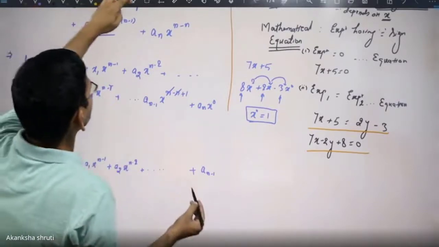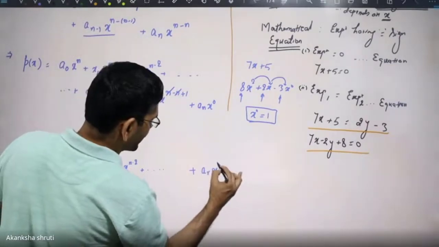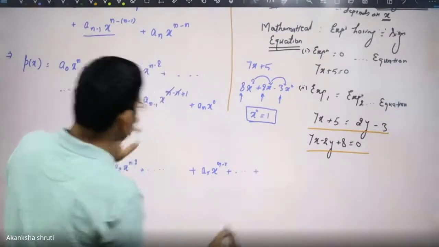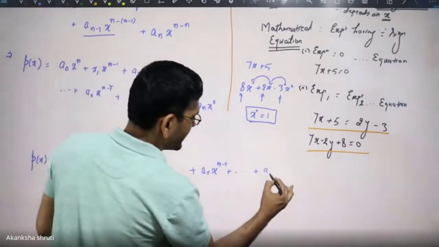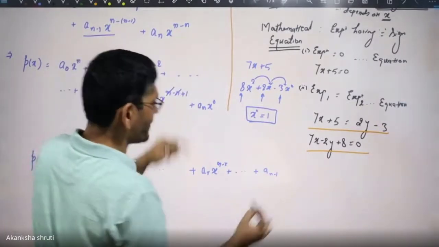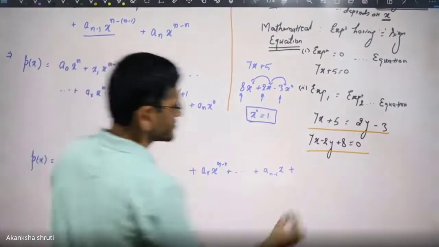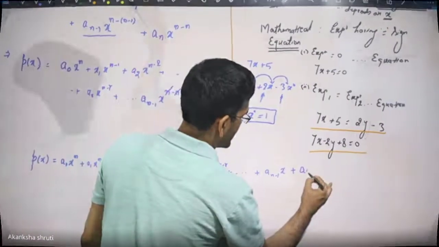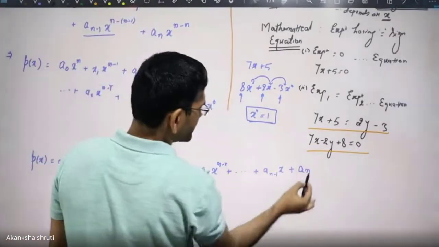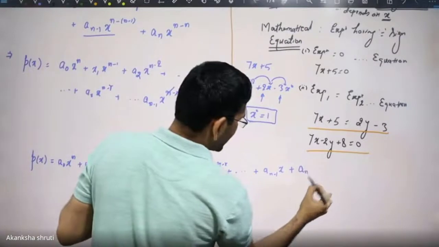If you wish, you may write ar, any general term, x to the power n minus r, plus the second last term is an minus 1, then x to the power 1, which is only x, then the last term is an. X to the power 0 is 1, therefore no need to write that x, write only an.